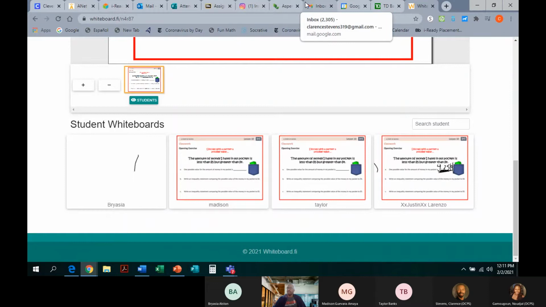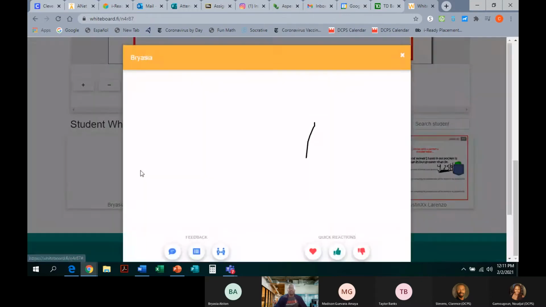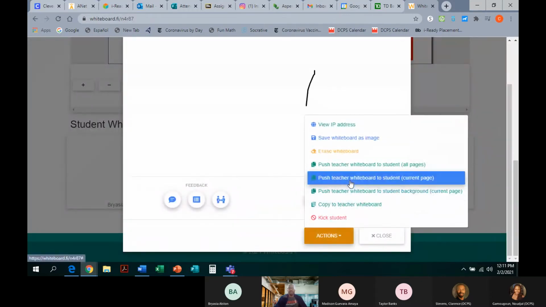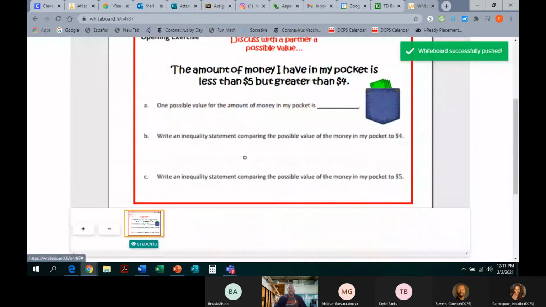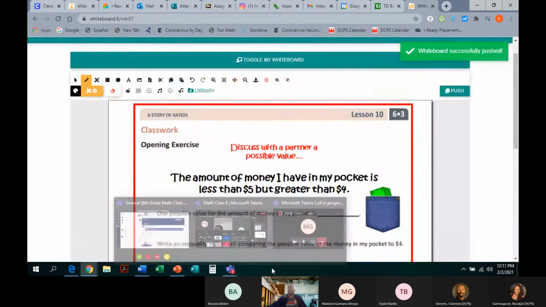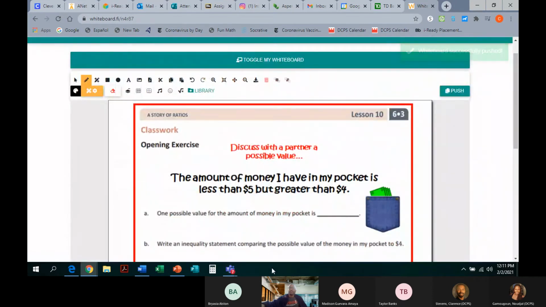Oh, Alyssa's not in here. Oh, neither is Lorenzo. What happened to y'all? Okay, let's call them back. Alyssa and Lorenzo. Anywho, Madison, Taylor, Briasia, what are some values that work for this? If it has to be less than 5, but greater than 4.